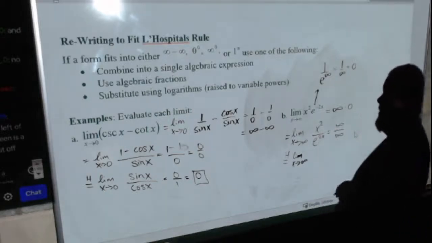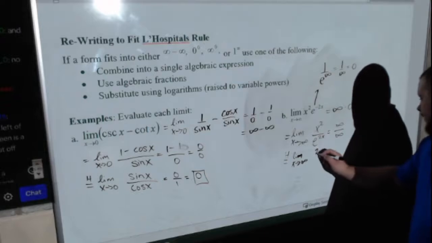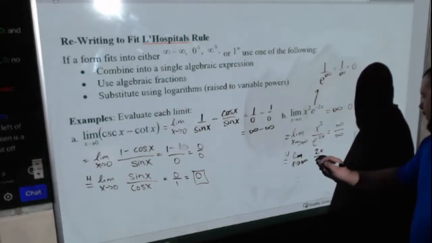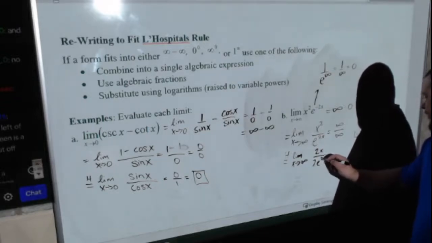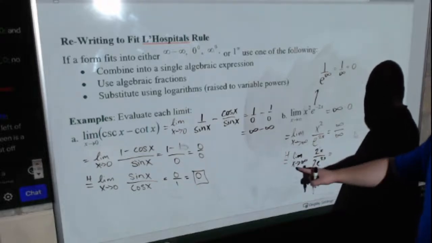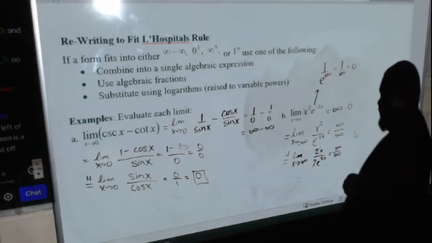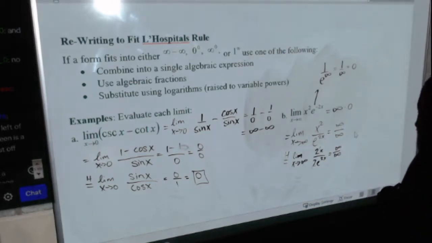So I would differentiate top and bottom. So that would be 2x over 2e to the 2x. Those would cancel. You plug in infinity again. You get infinity over infinity. So we just have to do it one more time.